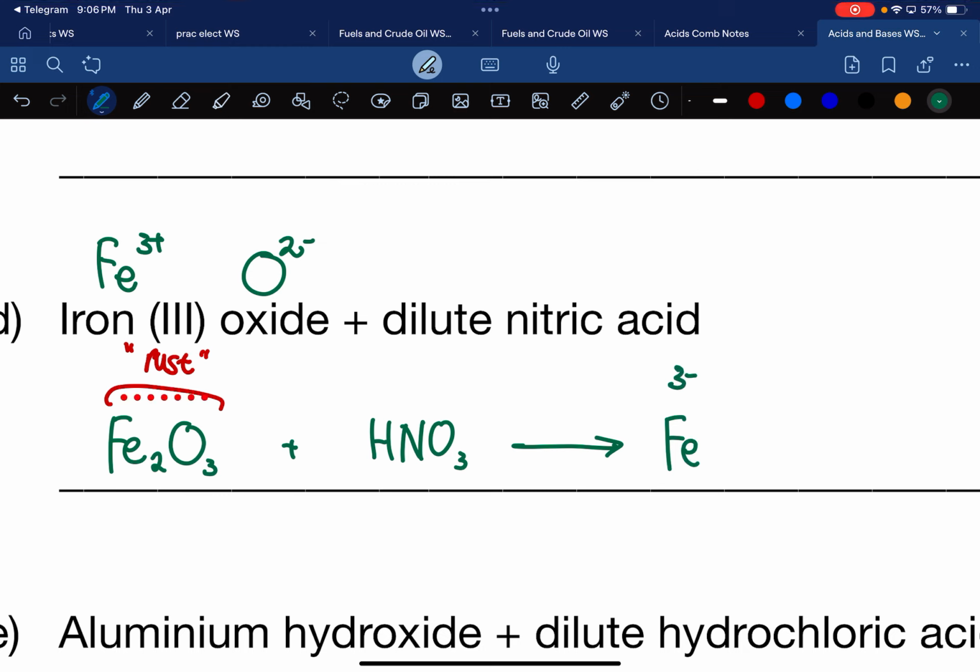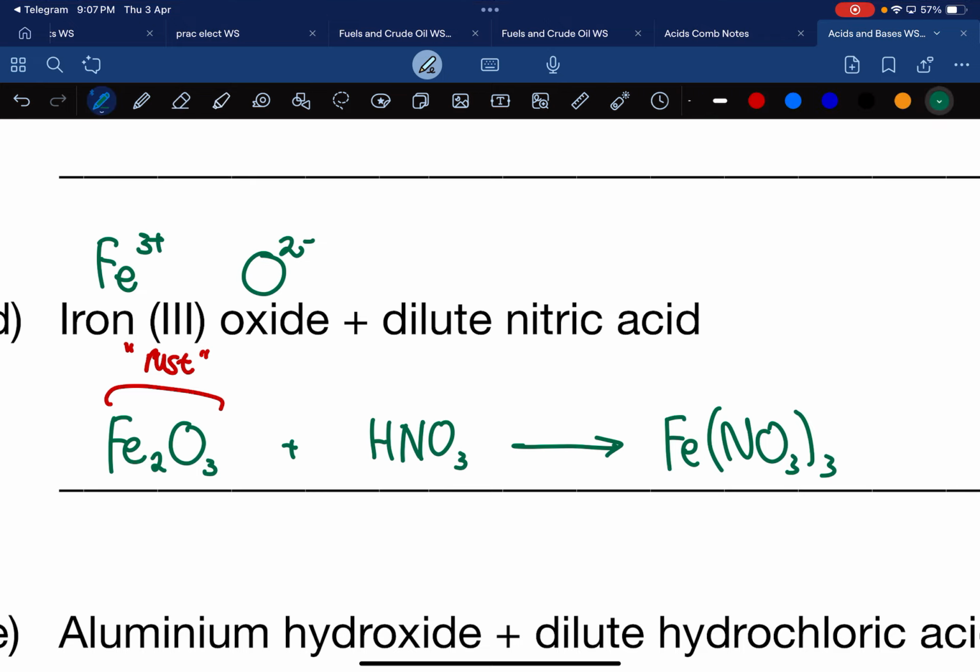But iron has a 3 plus charge, while nitrate is 1 minus. What do I need to do? Fe(NO3)3. Yes, I need 3 nitrates to balance out my very big positive charge. Cool?